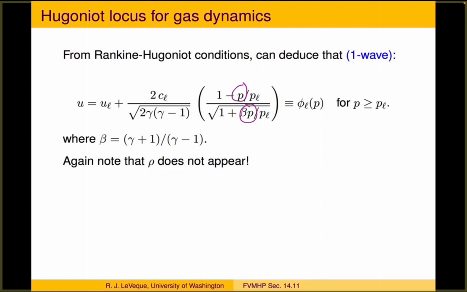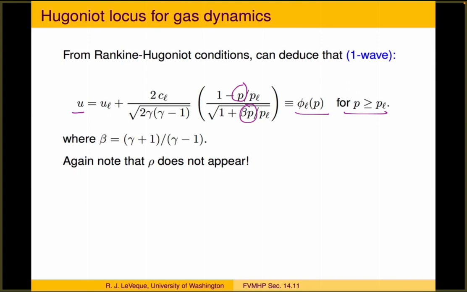For a given left state, so pL, rho L, cL, uL are all based on the left state, this gives us how u varies as a function of p, and that's the function phi sub L of p, defined now for p greater than or equal to pL, the other direction than where the integral curve was valid, because it's in this direction that we can connect things with a discontinuity that both satisfies the Rankine-Hugoniot condition and satisfies the entropy condition, which means that the characteristic speed has to be smaller in the state p, u than it is in the state uL, pL.